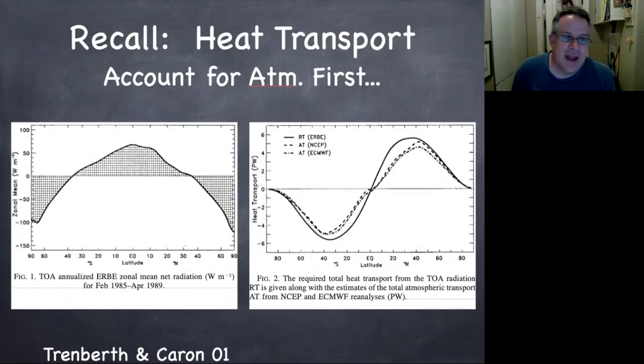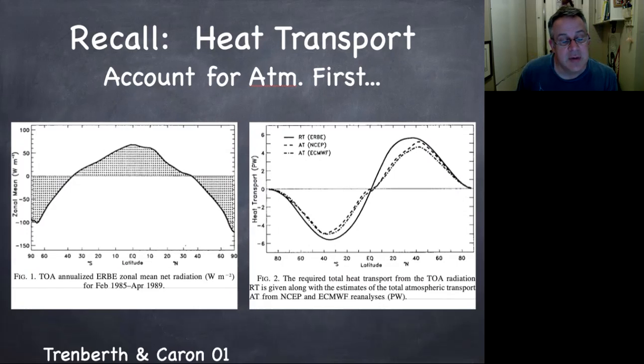And so when we think back to, like, I don't even know, second class, when we talked about the meridional heat transport, the southward energy transport, northward energy transport from the top of atmosphere radiation here, and then the atmosphere in this dotted line and the ocean being the difference. This is to balance the top of atmosphere net radiation.